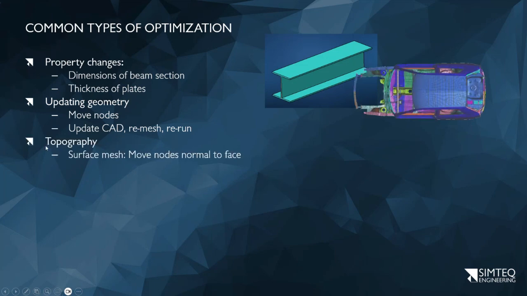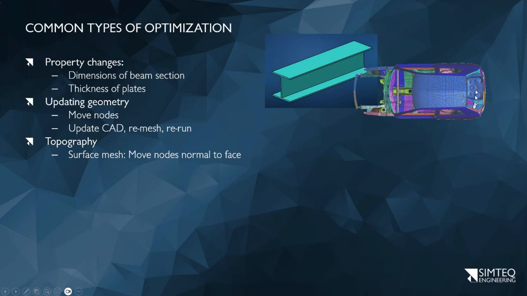Okay, then we get to something like topography. The simple vehicle model, the one I showed at the beginning, is actually a good example. This is where we don't actually change the mass. We're trying to either reduce the stress or increase the stiffness, or possibly a combination of the two. And the way we do that is by shaping. See, the roof is not flat. It's some kind of a bend shape. If you look at the bonnet of a vehicle, it's the same.